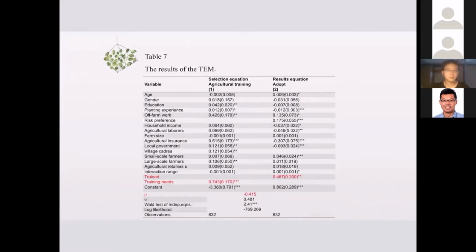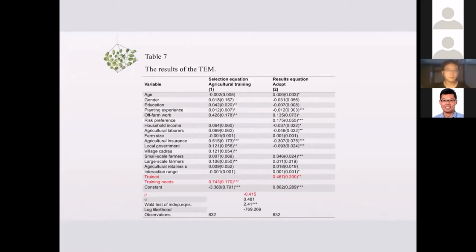In the treatment effect model, from the results of the selection equation, we can see that banana farmers with high education, more planting experience, and frequent contact with local government, village cadres, and large-scale farmers have more tendency to participate in agriculture training.